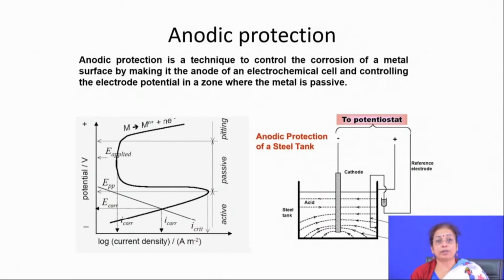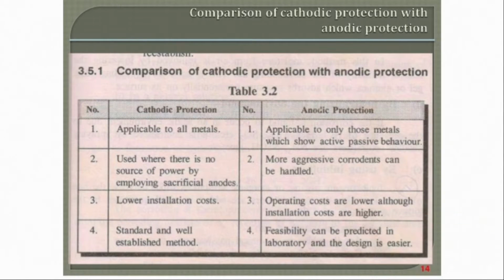This particular anodic protection is applied only for those components which are very prone to corrode, and where there is formation of a passive film, and that passive film is highly protective in nature. So, if you compare cathodic protection and anodic protection, you can understand that cathodic protection is more versatile, can be applied for any material, and can be applied for getting rid of any kind of aqueous corrosion problem.